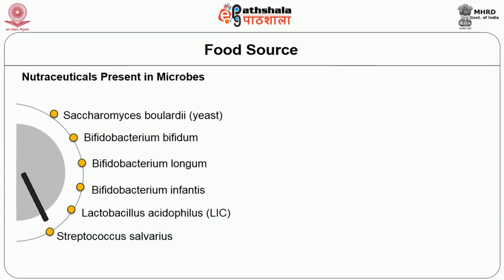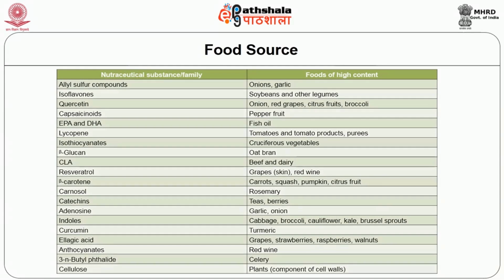There are several nutraceutical substances that are found in higher concentrations in specific foods or food families. For example, capsaicinoids are found primarily in pepper fruit, and allyl sulfur or the organosulfur compounds are particularly concentrated in onions and garlic.